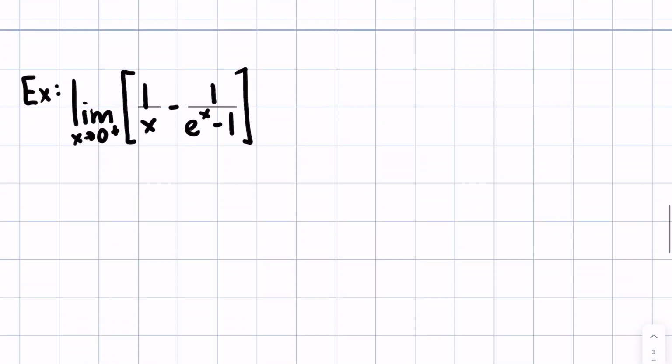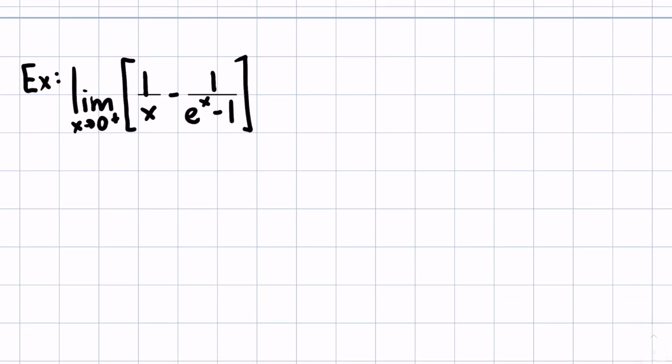All right, for our next example, we have the limit as x approaches 0 from the right of the difference of these two fractions. In order to find a common denominator, we're going to multiply this first one by e to the x minus 1 over itself, and then we're going to multiply the second one by x over x.